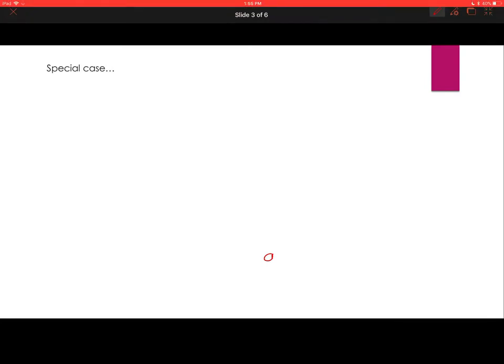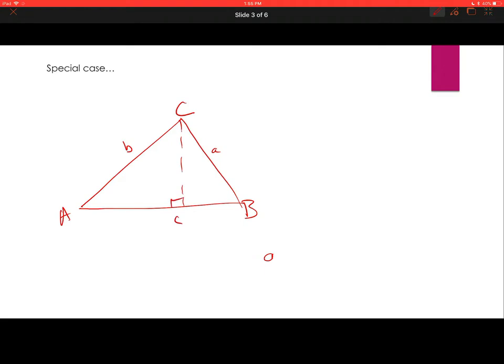So what is that special case I was talking about? What is that error that we get? Let me go back to this here. We have a special case, and that's when our values are a little bit different. So if we have a triangle, let's say ABC here, and little a, little b, and little c, and of course the height, which would be a 90 degrees right here.